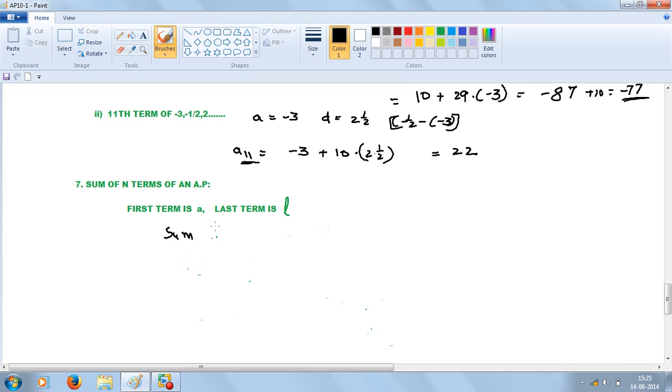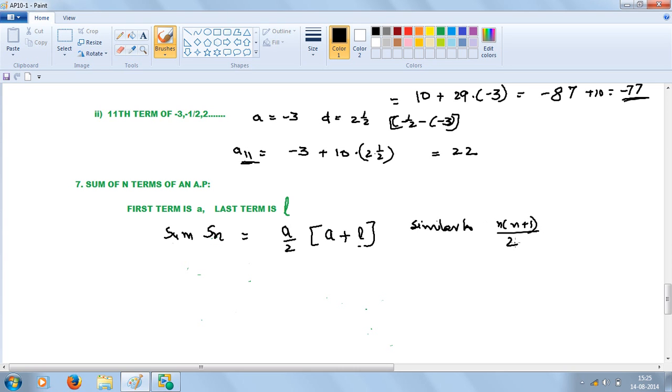The sum of n terms of an AP, represented by S, is equal to n by 2 multiplied by first term plus last term. This is one of the formulas. This is similar to the sum of n numbers 1 to n, n into n plus 1 by 2.